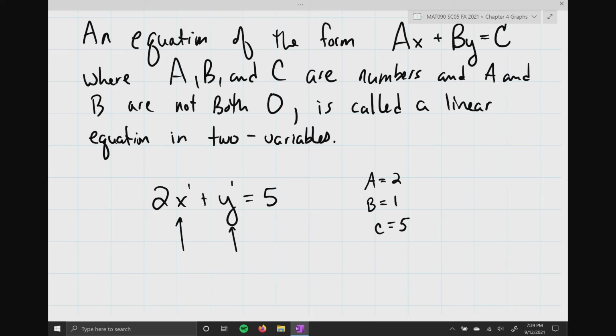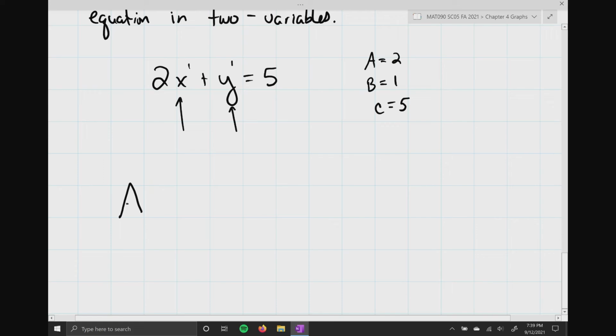Now, there is something special about this ax plus by equals c thing, okay? Whenever both variables are on the same side, I'm going to put a star to the right.